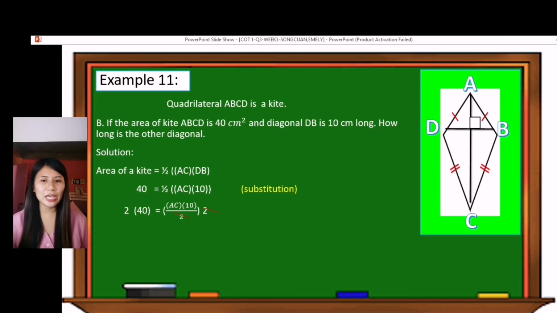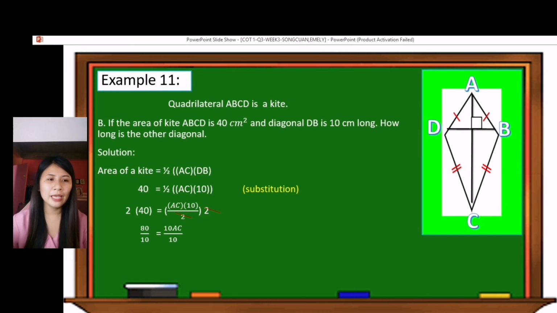In this equation, we have two ways. First, we can do cross multiplication, or just multiply both sides by 2. Cancel the two 2's on the right side, and bring down AC times 10, which becomes 10 AC.